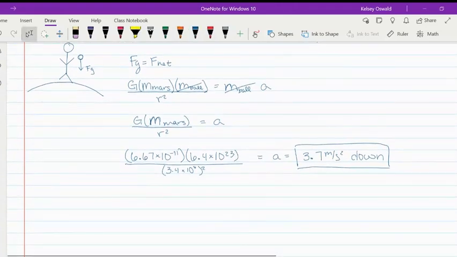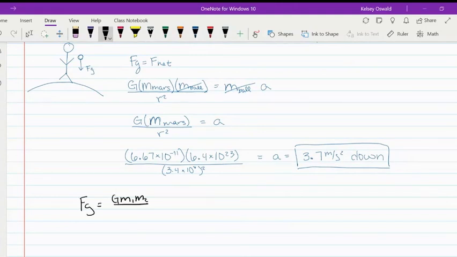So just a couple things to note about that equation before we end for the day. If we look at this equation, we have our force of gravity is equal to a constant times our two masses over r squared. Just some things to take note of. As always, make sure when you're doing your calculation, your masses are in kilograms. So don't be fooled when you're doing problems.